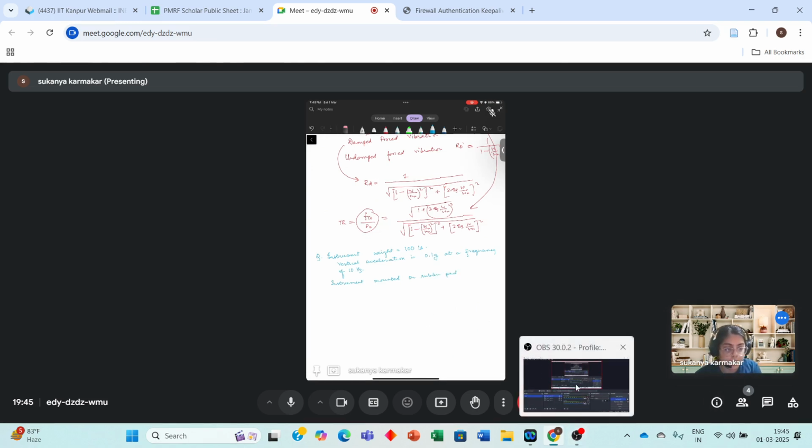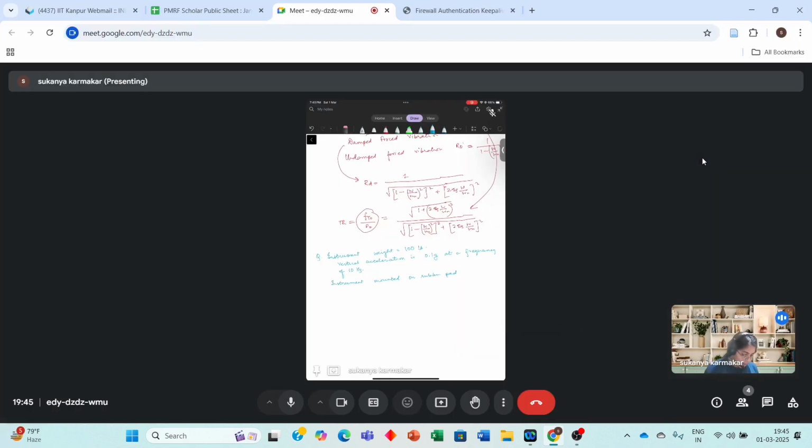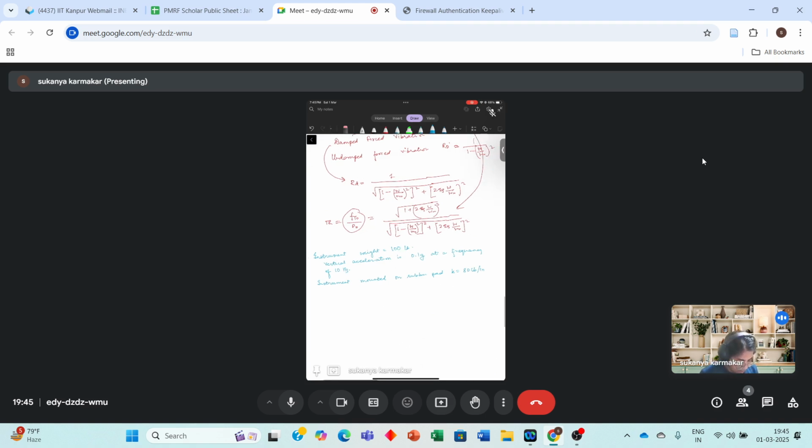Yes, it's mounted on a rubber pad, and the rubber pad has a stiffness of 80 pounds per inch and damping such that the damping ratio of the system is 10%.